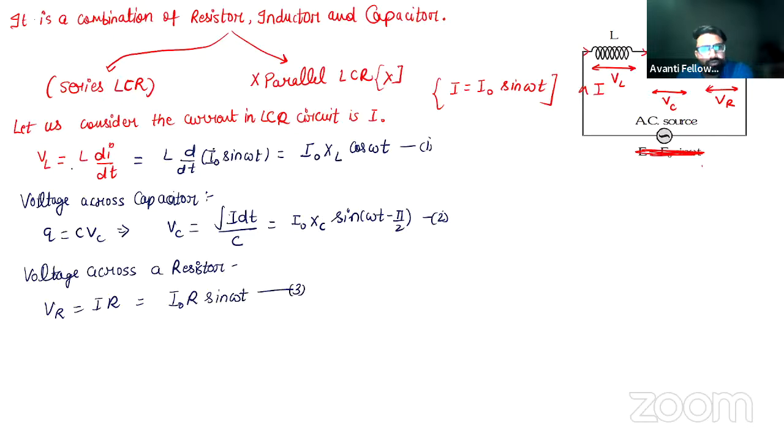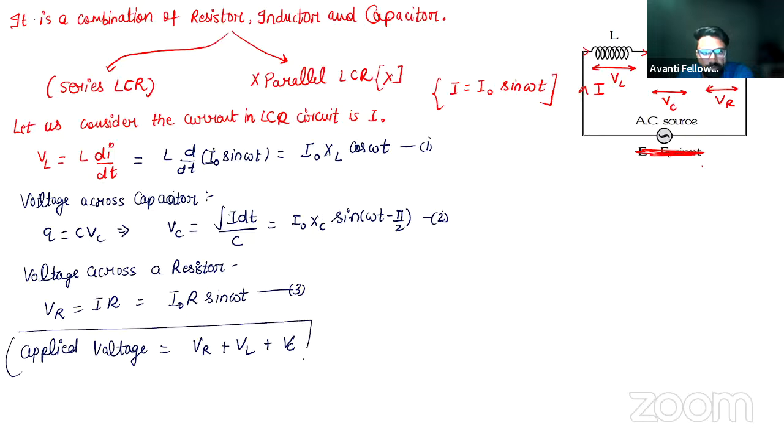Got it? So you know the value of voltage across these three devices that we have: inductor, capacitor, and resistor. Now the total voltage, we know according to Kirchhoff's law, the applied voltage is equal to VR plus VL plus VC, by the conservation of energy also, or by Kirchhoff's law also.